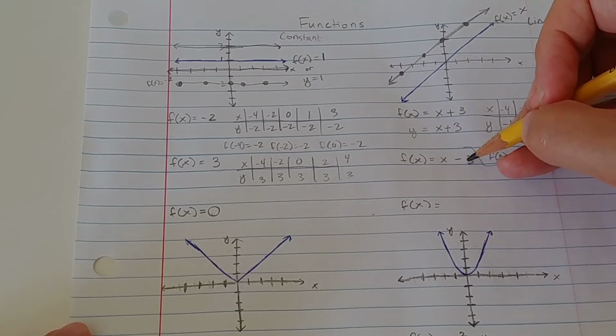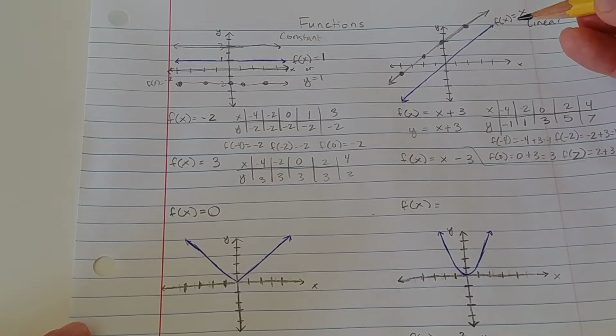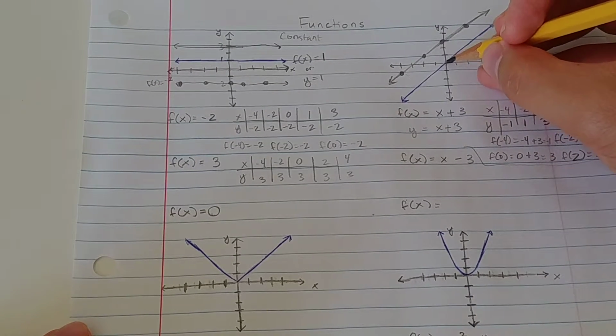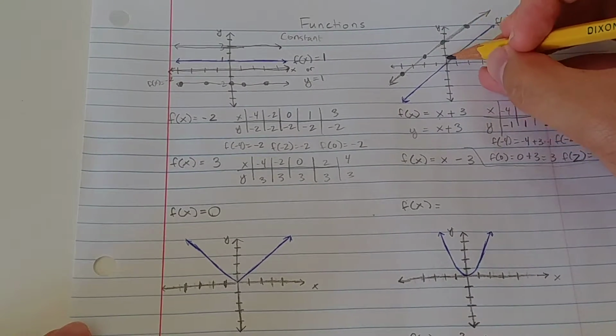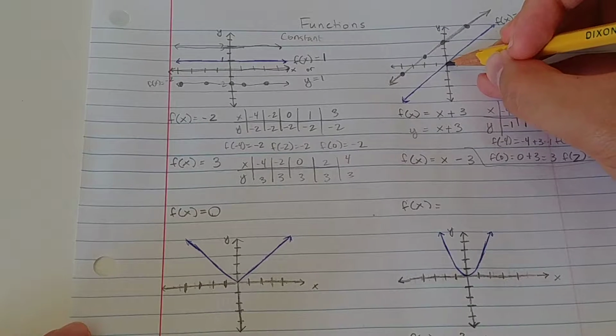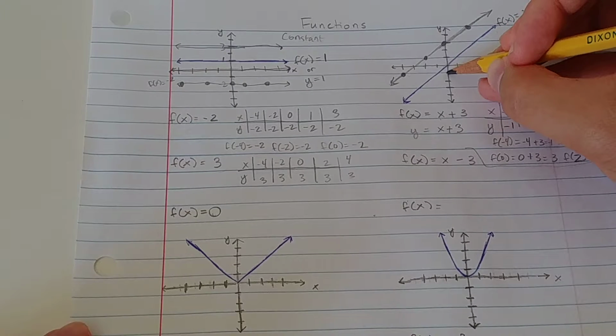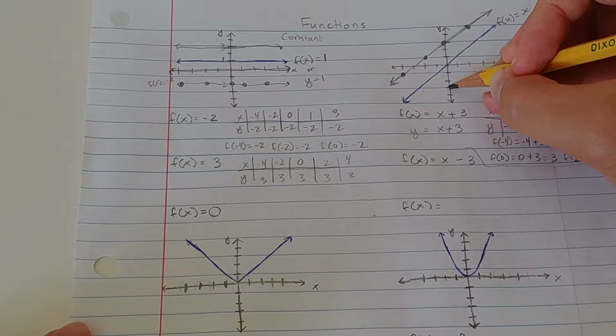Now, if you have x minus 3, guess what happens? It's going to be moved down 3 spaces. So you can move each point down 3 spaces. 1, 2, 3. Put a point.